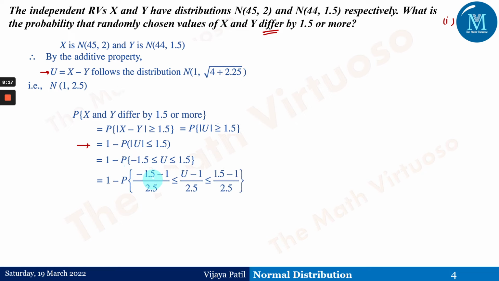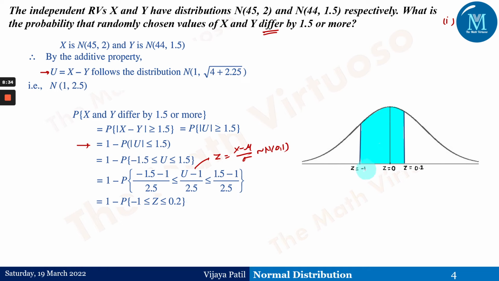Therefore, again we shift this u to a standard normal z, (x minus mu) upon sigma, which follows normal 0, 1. Therefore this particular value will be minus 1 less than or equal to z less than or equal to 0.2. That means we need the value from minus 1 to minus 2.2. So we need to have this shaded area from this particular thing.